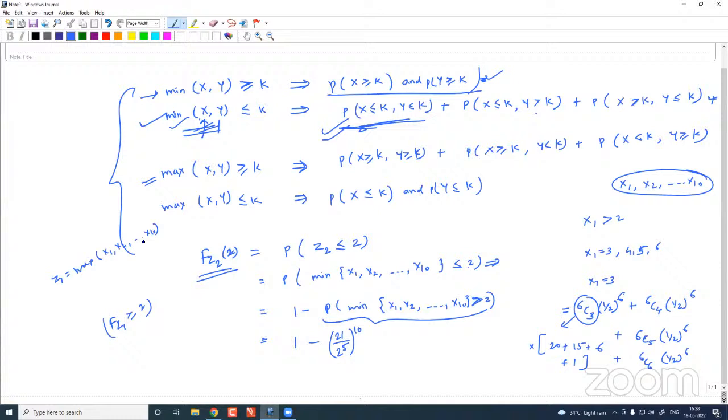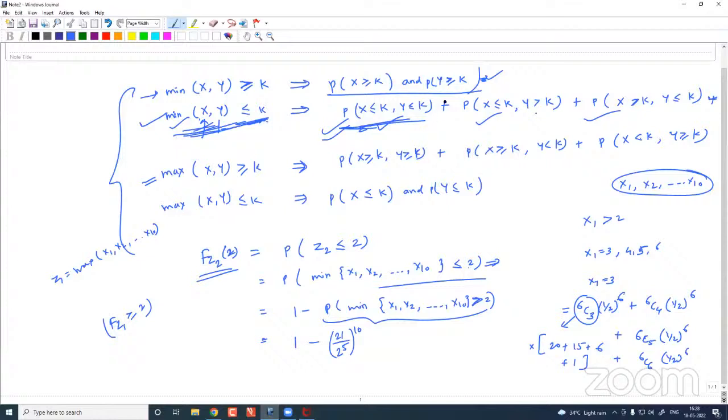Instead of doing it for 3, 4, 5, and 6, we can simply write for 0, 1, and 2 and solve. Now, why did we go to the trouble of 1 minus P of min? Because in this case it is not directly 0, 1, 2 only, since you have to consider all these other things.